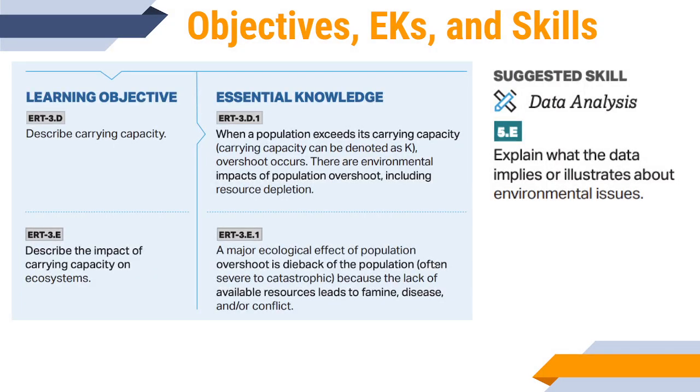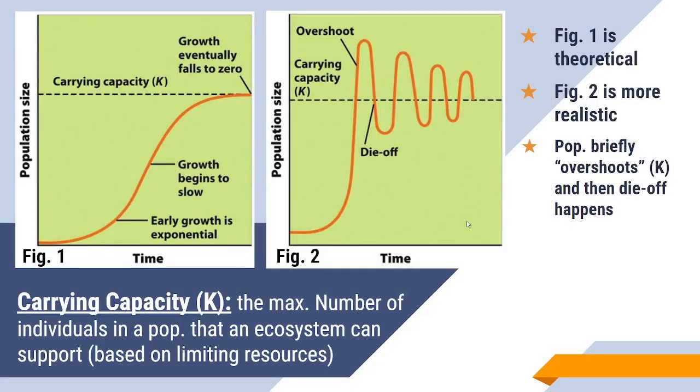The next population piece here is carrying capacity. Carrying capacity we denote with a capital K in environmental science. This is probably something that you have some background or experience with already, but we're going to talk about it in a little bit more real sense here.